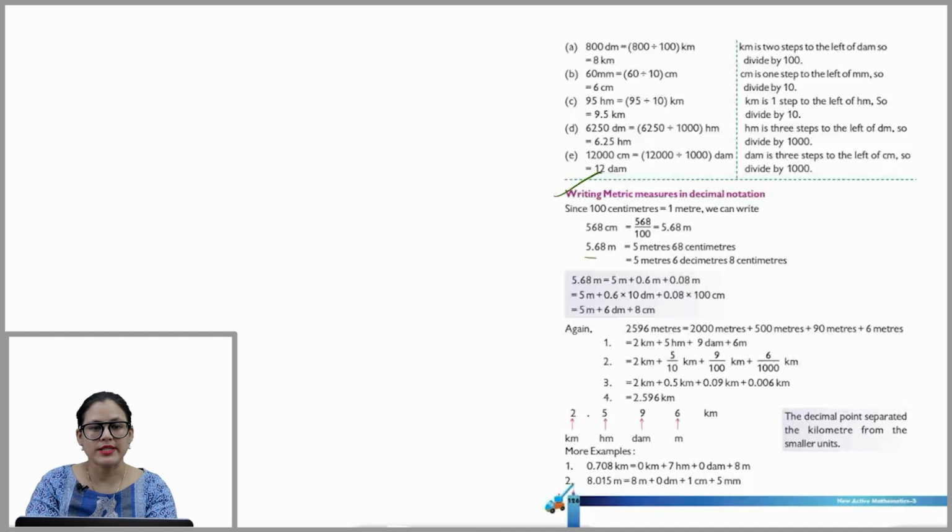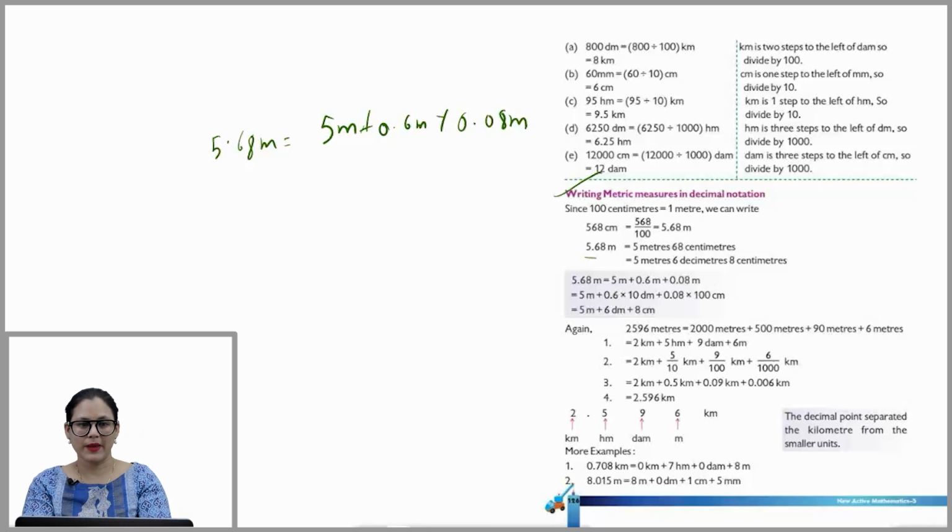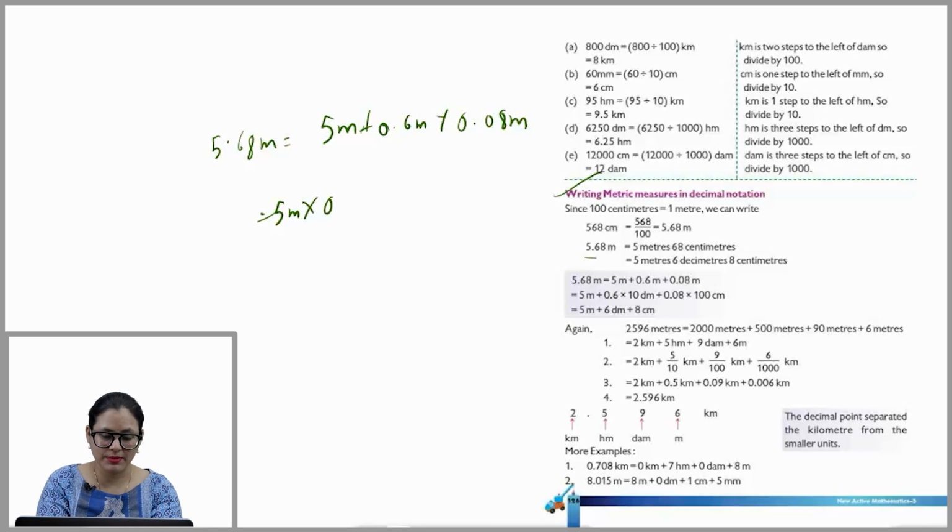So 5.68 meter is equal to 5 meter plus 0.6 meter plus 0.08 meter. And 5 meter, then you will multiply 0.6 by 10 for decimeter, plus 0.08 into 100 centimeter. 5 meter plus 6 dm plus 8 cm, it's decimeter, not decameter.